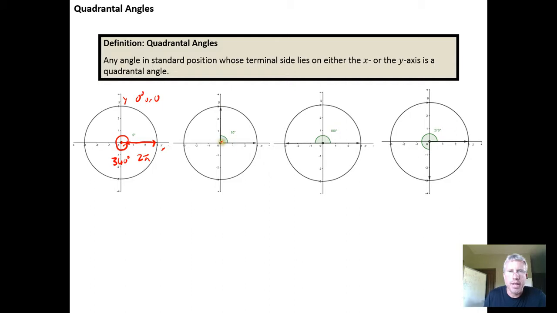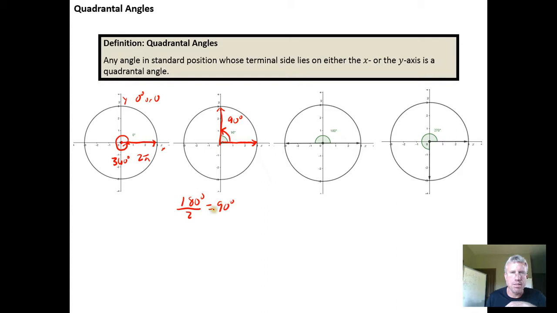Here we have an angle in standard position that is the 90-degree angle. It lands on the positive y-axis. Like we saw earlier, the upper half plane is 180 degrees, and the way that we get 90 degrees is we divide the upper half plane in 2.